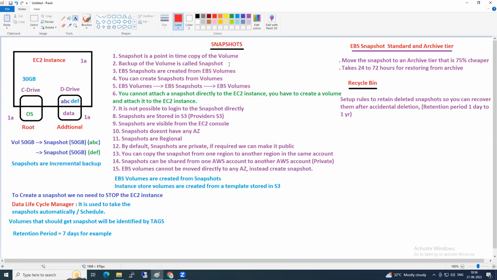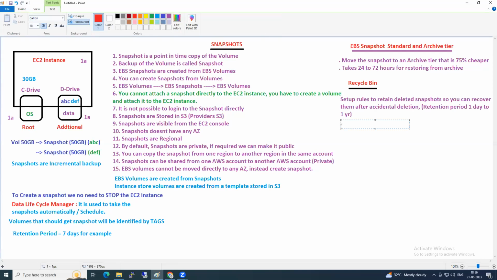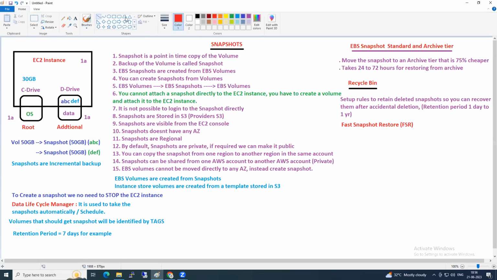Okay. These are all. Next one here is fast snapshot restore, FSR. Fast snapshot restore. Chitti, you have a snapshot of 100 GB.